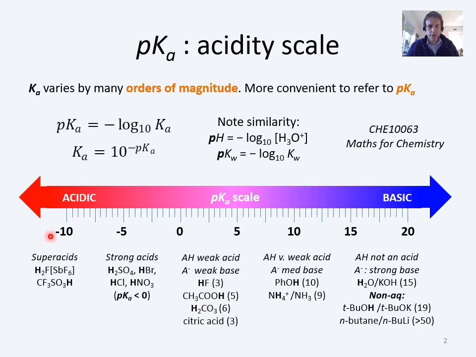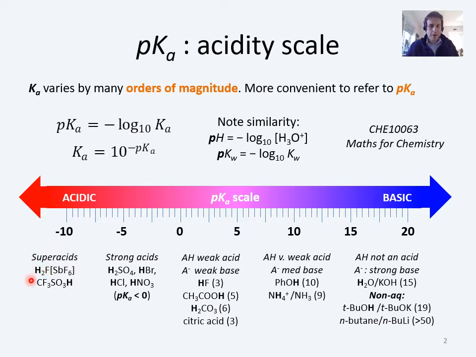So this is a pKa scale, and on the left hand side of the scale you get really very acidic species, things like superacids. You may not have heard of these, but these are acids that are stronger than things like sulfuric acid.